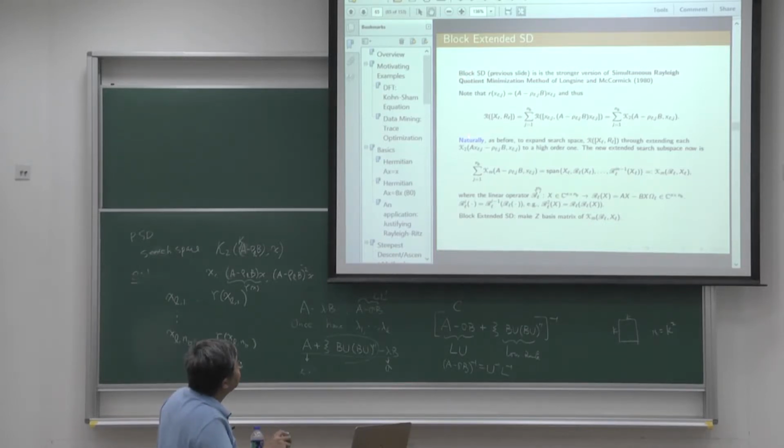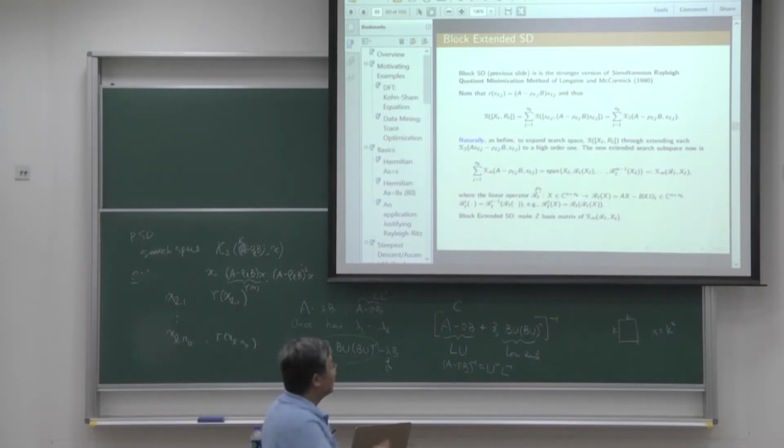Naturally, for the same reason I was talking about before, if it's a Krylov subspace of order 2, we can make it order M. So we're going to extend each space of order 2 to order M and sum together.